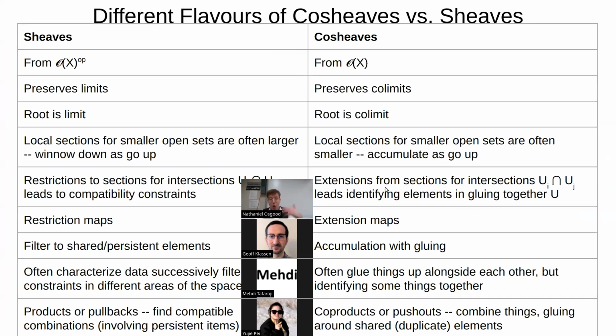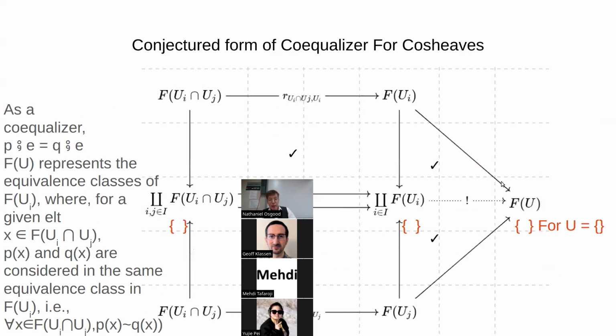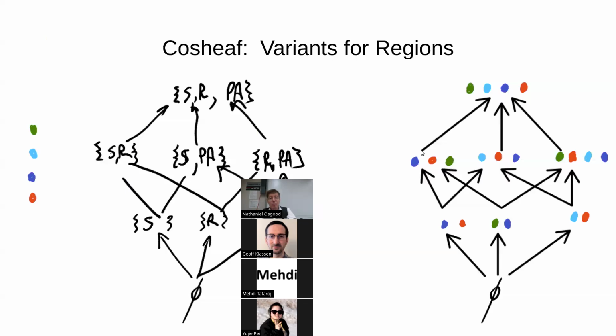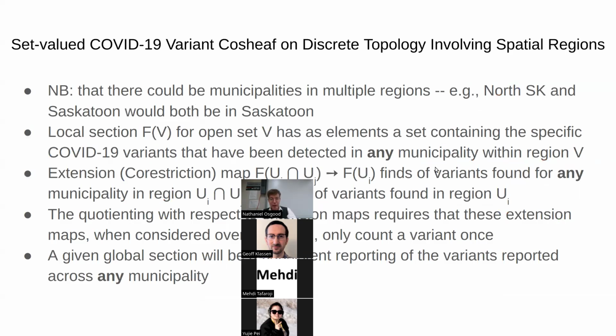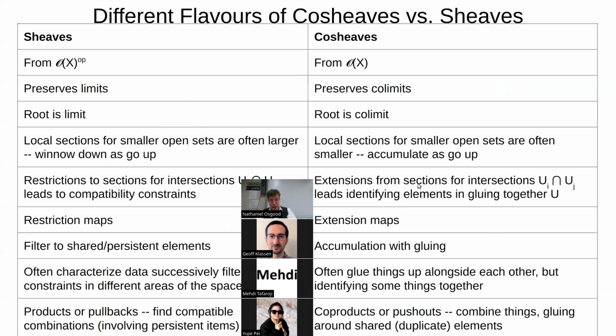By contrast, the co-restriction maps, what are sometimes called extension maps, they go up from the intersections, right? They go up from the intersections. And they're not about restricting the set of possibilities. They sort of bring elements to be glued together at the upper level, right? They're like injecting things to be considered at the upper level, just not double counted.